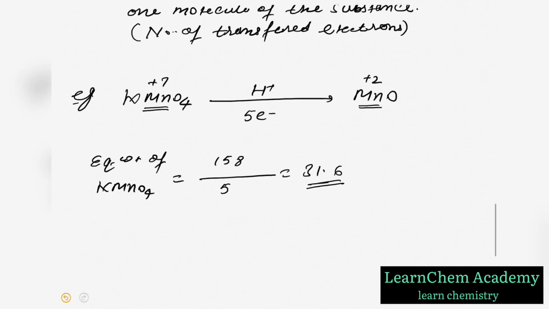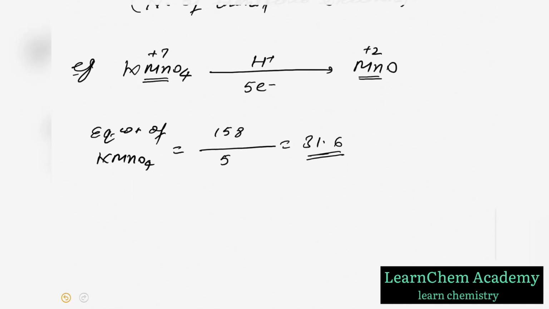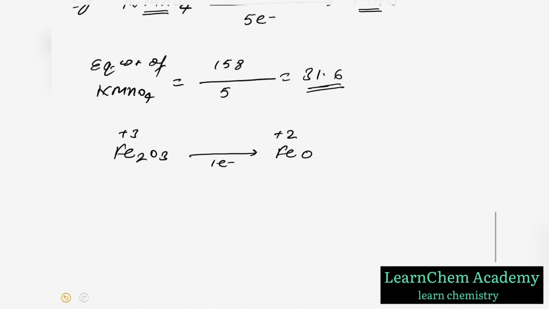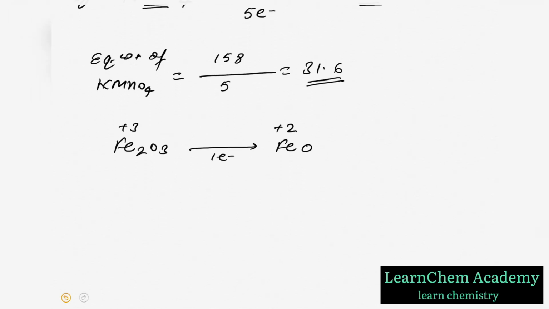Okay, if we take another example, Fe2O3 changes into FeO, means here iron in +3 state changes to +2 state. So it gains 1 electron here. So the number of transferred electrons, or gained electrons, is 1.